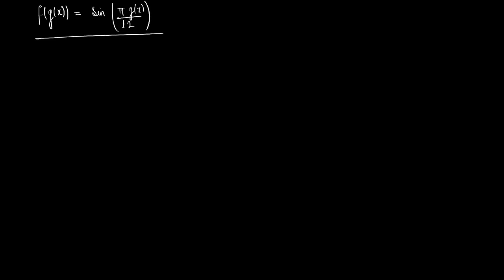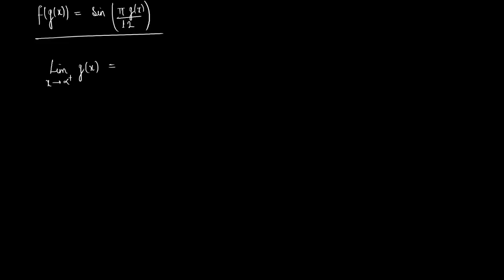So first of all, let me calculate the limit x tending to alpha plus of gx. After that we have to just put the value that this limit will give in the f of gx.